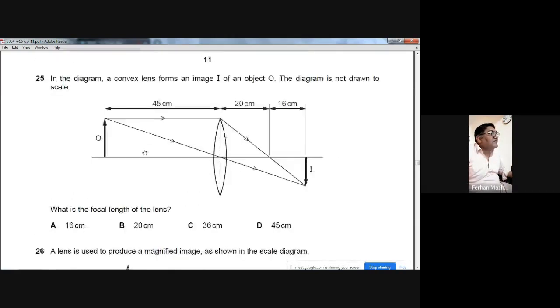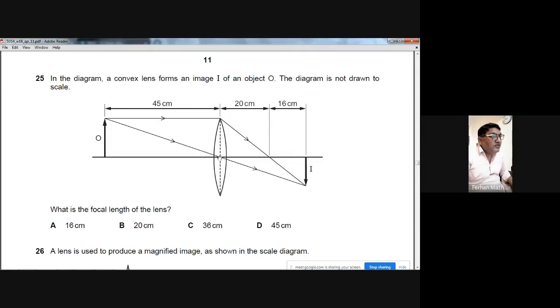Now another thing, in the diagram, a convex lens forms an image I of an object O. The diagram is not drawn to scale. What is the focal length of the lens? Focal length is defined when a parallel ray of light passes through the convex lens, bends, and passes through the principal axis. The point where it passes through the principal axis is known as the principal focus.